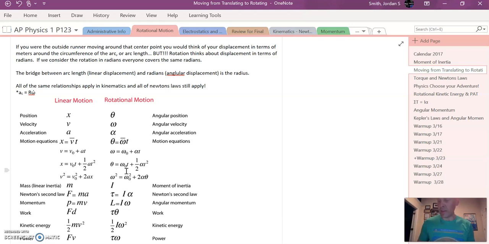We know that v is equal to r times omega. And we know that acceleration a is equal to r times alpha, or angular acceleration. If you look at it, the units are going to be radians times meters, and radians per second times meters, and radians per second squared times meters.